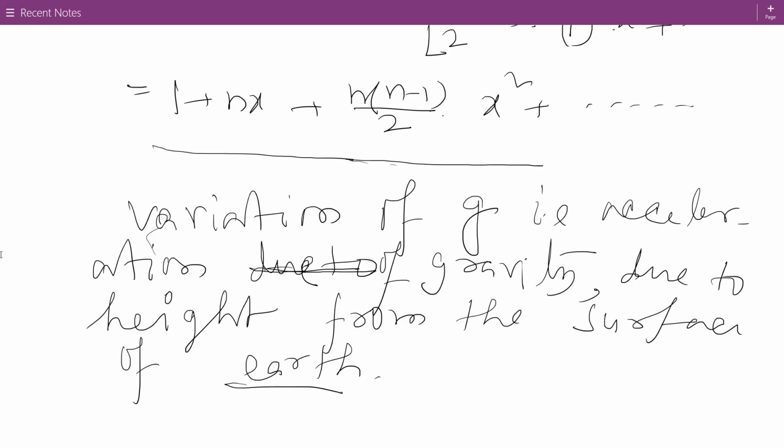Only this expression you remember for gravitation.